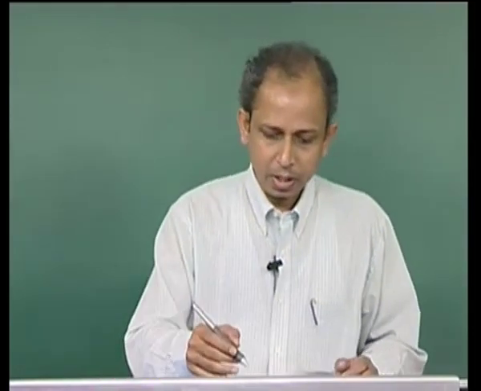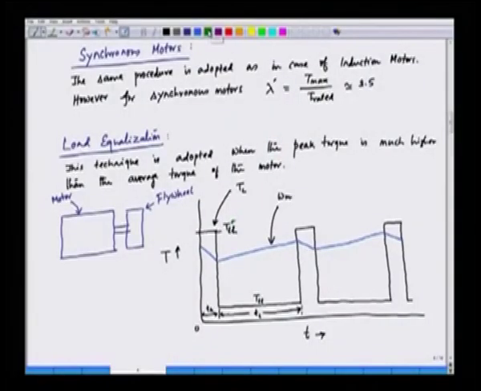So, when we fix the flywheel with the motor, the effective moment of inertia increases. So, we assume that the effective moment of inertia is J, and J is equal to J naught plus J flywheel.